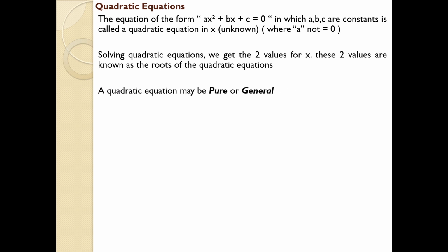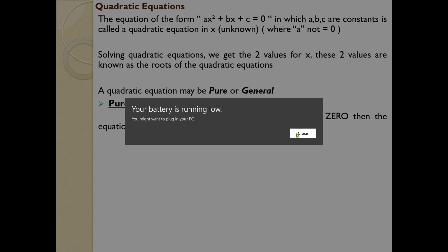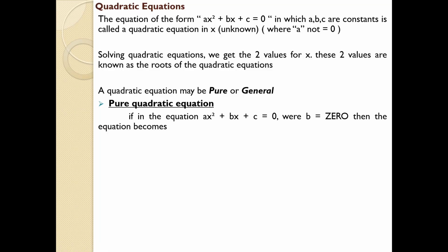The quadratic equation may be pure or general. Pure quadratic equation means if in the equation ax square plus bx plus c equal to 0, b, that is the second part of the equation, is 0, then that particular case is known as pure quadratic equation.